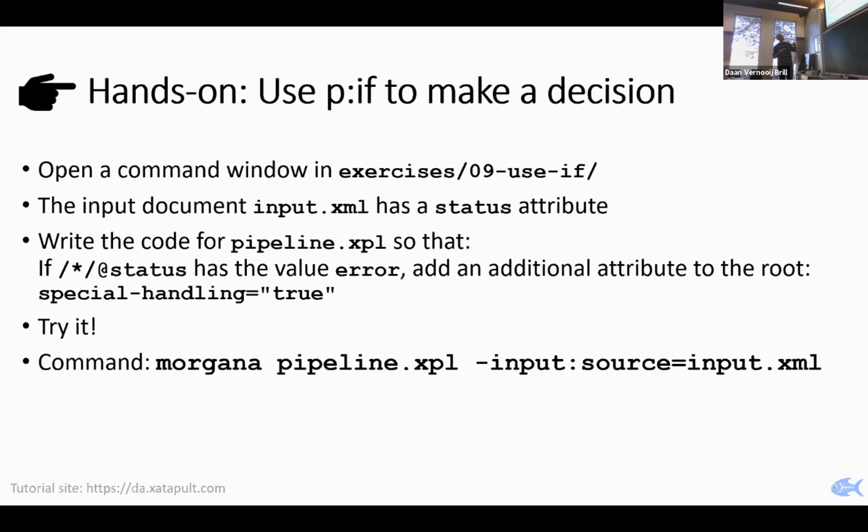Exercise 09, use if. Write the pipeline so that if the status is error, it adds a special handling attribute to the root. The remark is that you cannot set an option twice, not as an attribute and with your p:with-option, but you can mix.